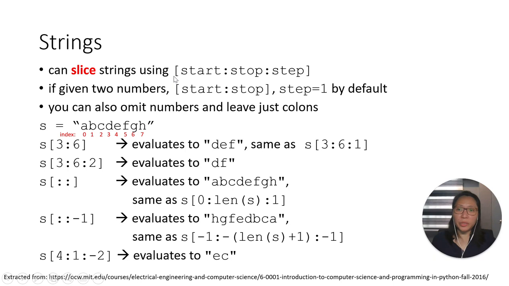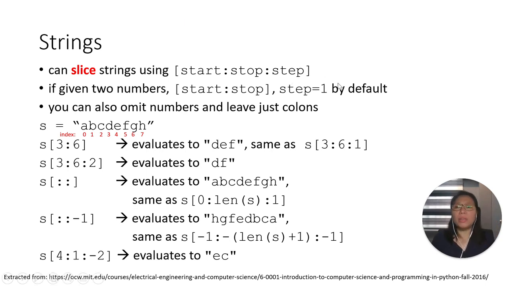The syntax for string slicing is this one. Inside the square brackets, we have the start, colon, stop, colon, and step. In Python, you probably notice that this is very similar to the format of range in a for loop: start, stop, and step.